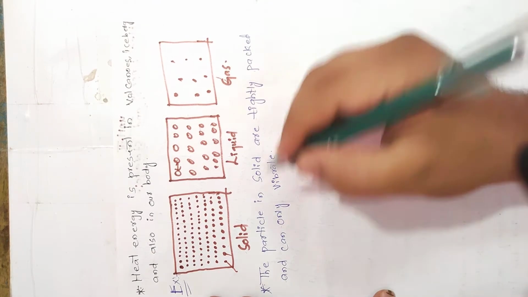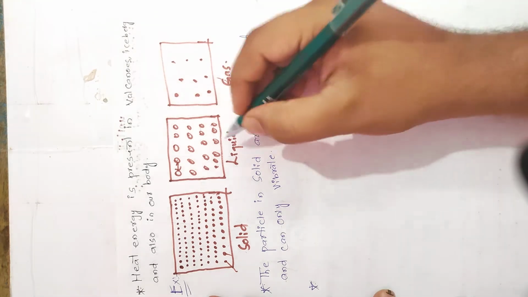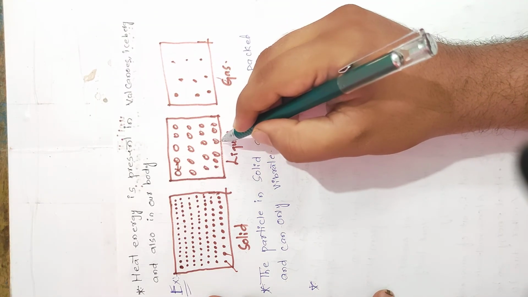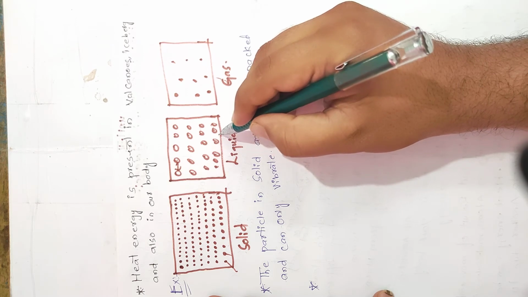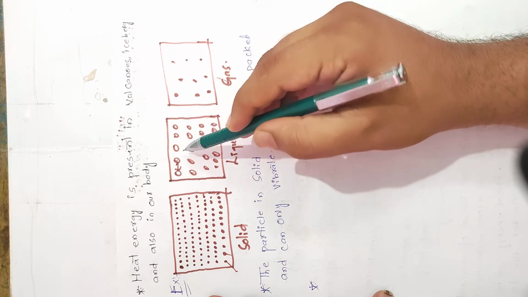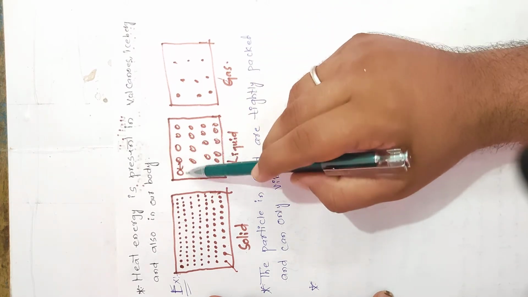What about this liquid? The particles in the liquid also vibrate but are able to move around by rolling over each other and sliding around each other.